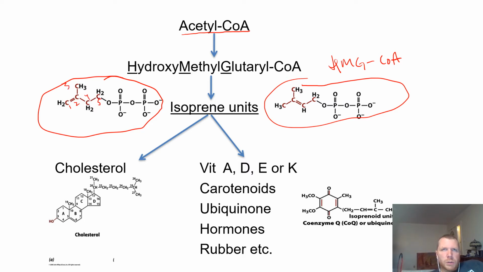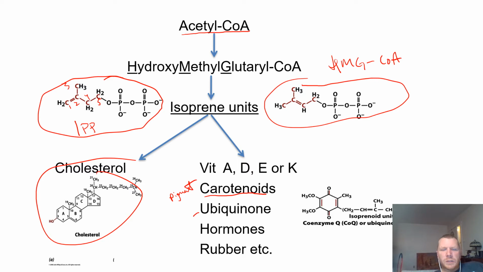This would be an example of IPP, isopentenyl diphosphate. These isoprene units are used to ultimately go on to make cholesterol, as well as different pigment molecules and vitamins. Carotenoids are examples of molecules that are synthesized from isoprene units, and so these are examples of pigment molecules.